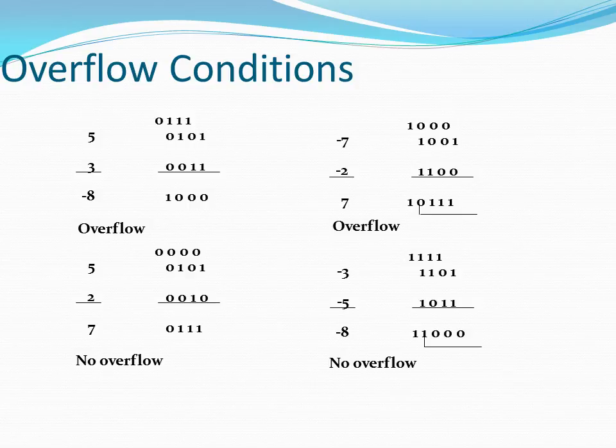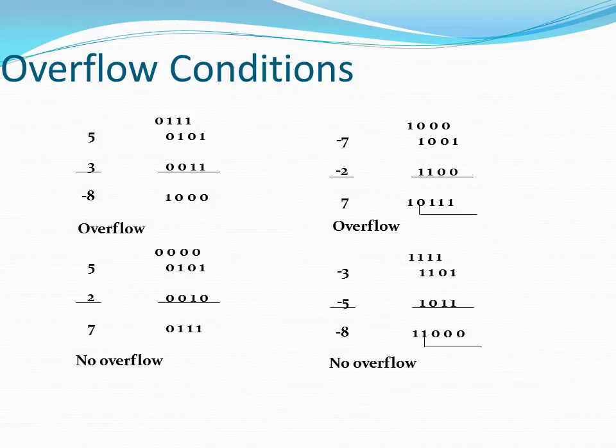Coming to the final example, minus 3 and minus 5. Here both are negative numbers, so we write both in signed 2's complement, and after that we perform the addition operation. Here we have the carry in and carry out. At the MSB bit position the carry is 1, and outside the MSB bit the carry is also 1.